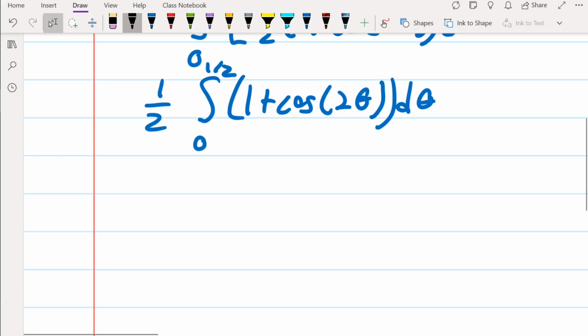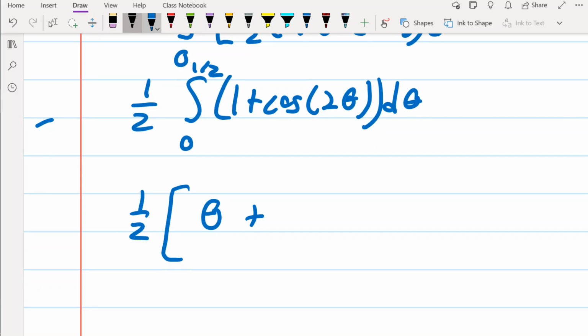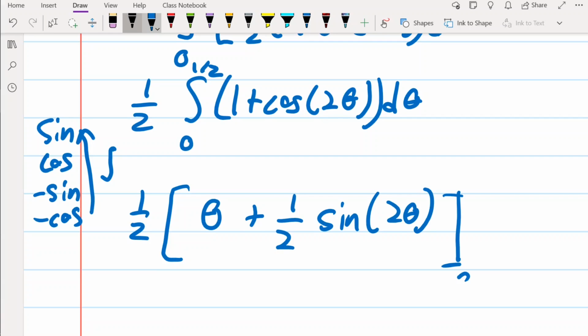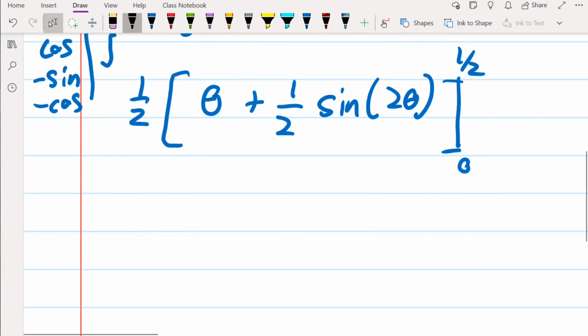So that will become theta plus 1/2 sine of 2 theta from 0 to pi over 2. And we just use the substitution rule for that, where u equals 2 theta.